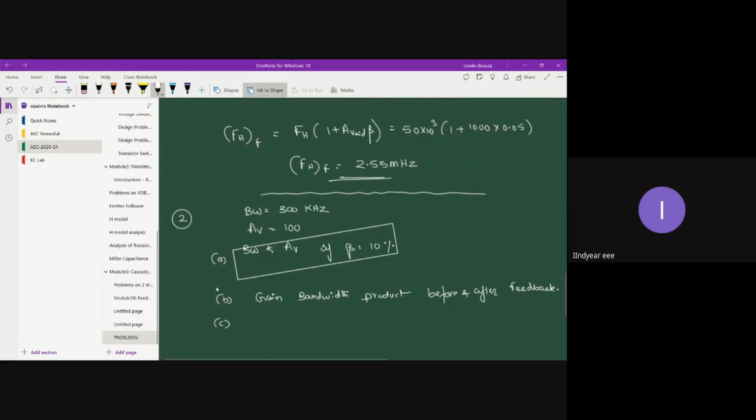Third one, what should be the amount of feedback to get a bandwidth of 800 kilohertz?